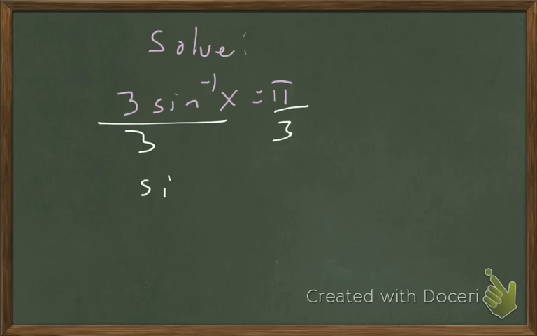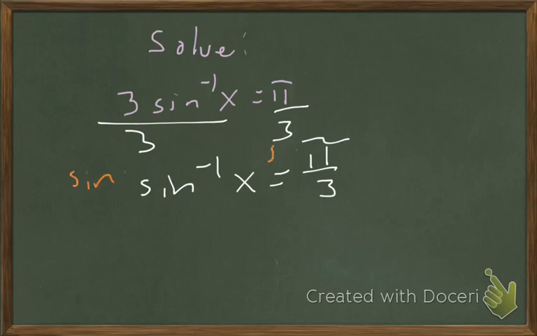So now we have sine inverse x equaling pi over 3. Okay? Now, once again, we do not want this sine inverse, so we multiply left side and right side by sine. So we end up with x equaling sine of pi over 3.